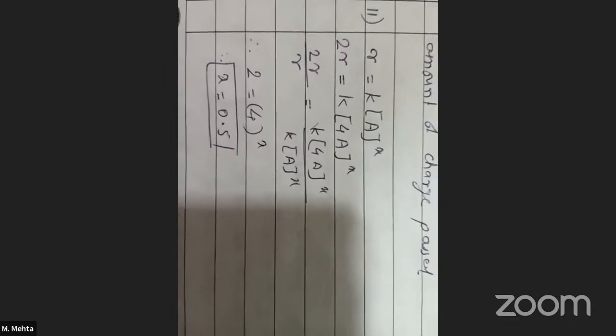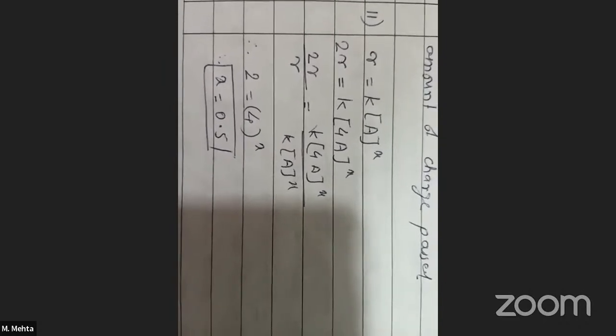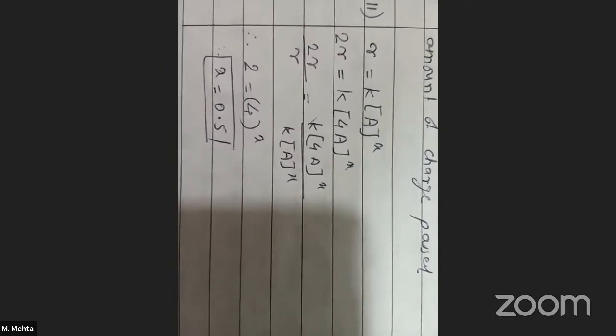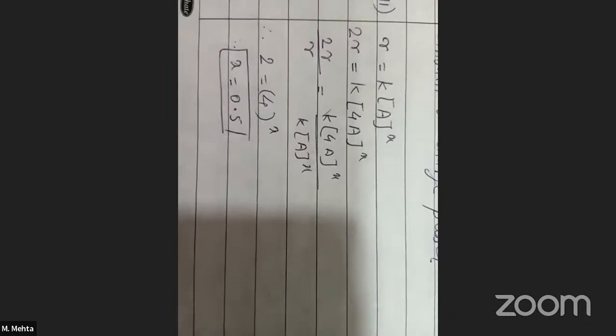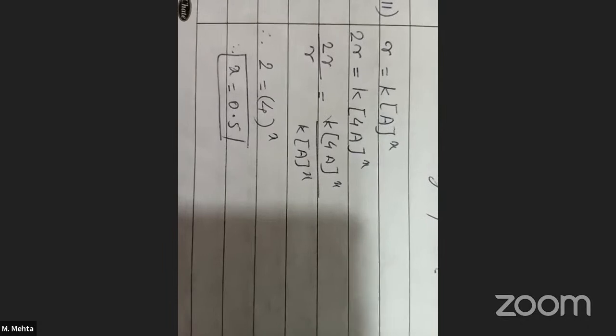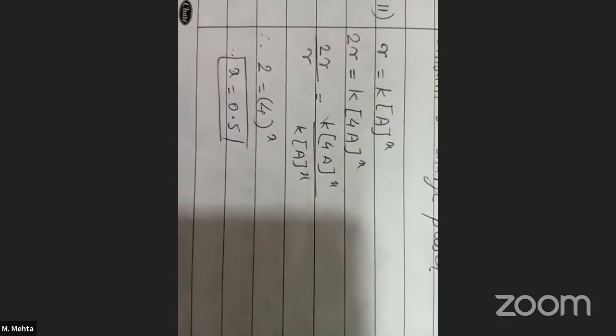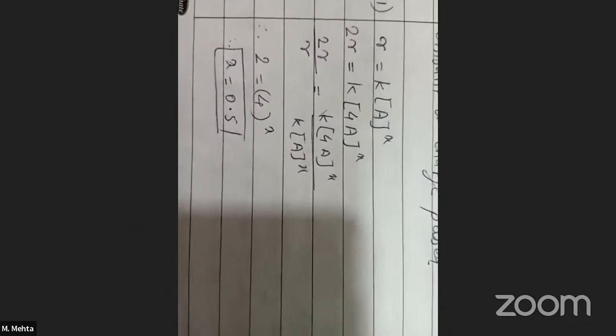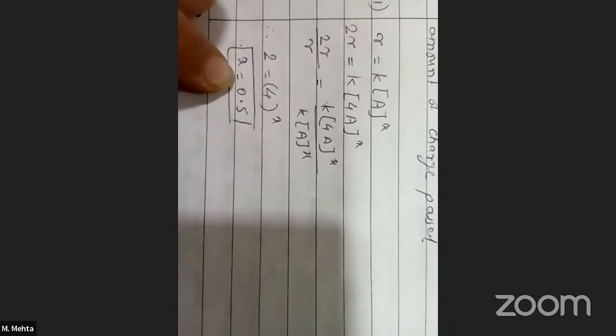I can write the second rate law as 2R is equal to K into concentration of 4A raised to X. If I take the ratio of these two rate laws, it will be 2R upon R, which is equal to K into 4A raised to X upon K into A raised to X. Here it will be 2 is equal to 4 raised to X. So the value of X is equal to 0.5. So the order of reaction is 0.5, and the answer is option C.